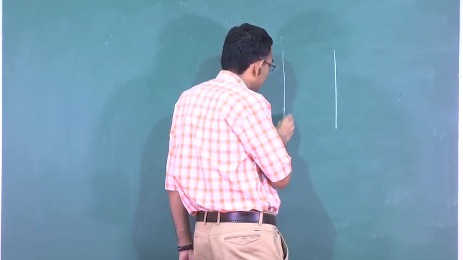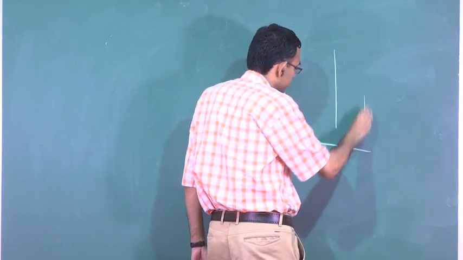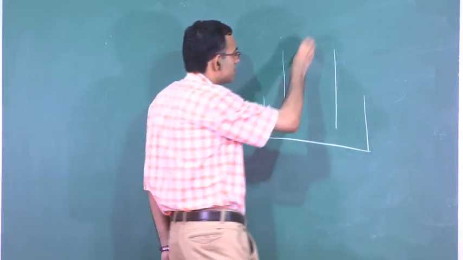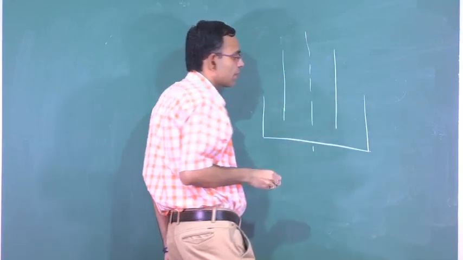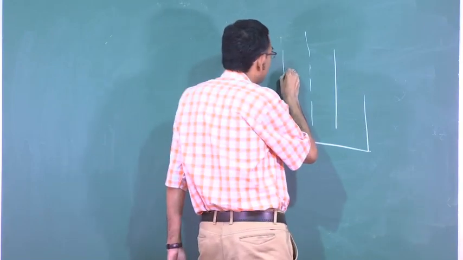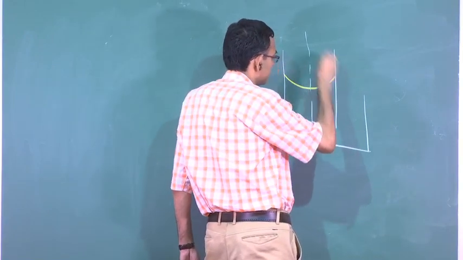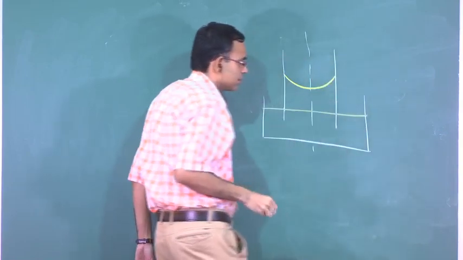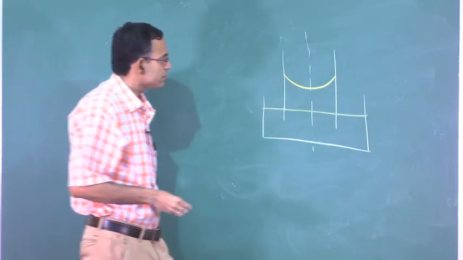So, let us say there is a capillary tube, and this is a cylindrical capillary. You have an interface like this, and this is the free surface.